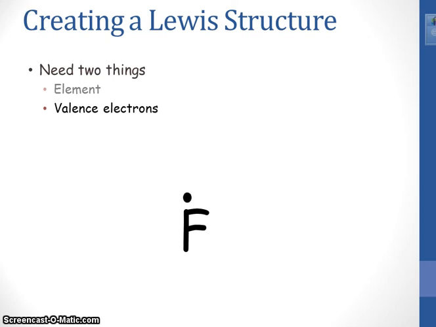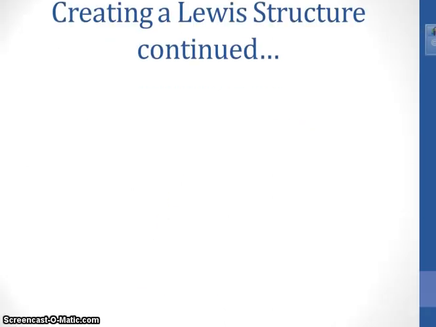If you look in the periodic table, fluorine is in group 17, so it should have 7 valence electrons. The electrons will be represented with dots in this case. If you count, we have 1, 2, 3, 4, 5, 6, 7 valence electrons.